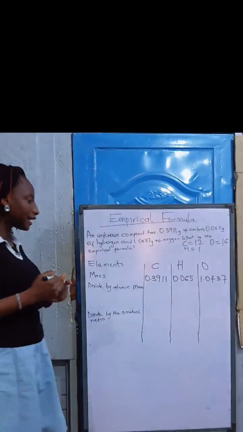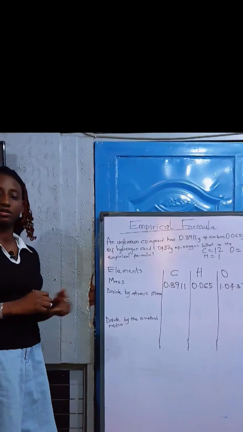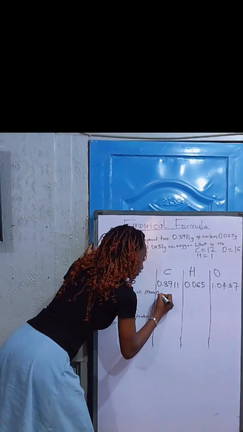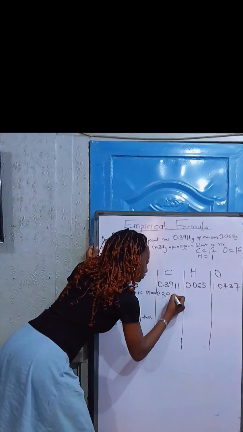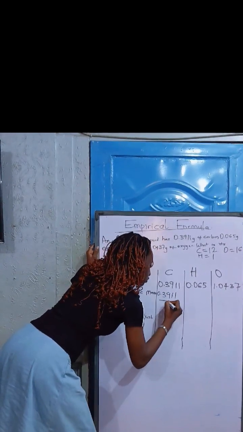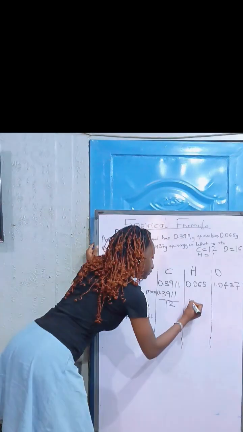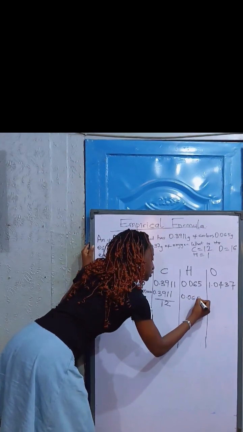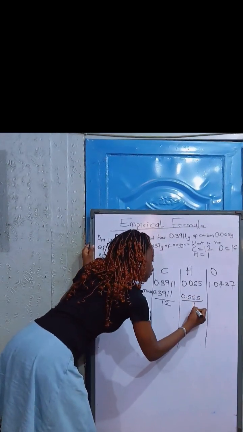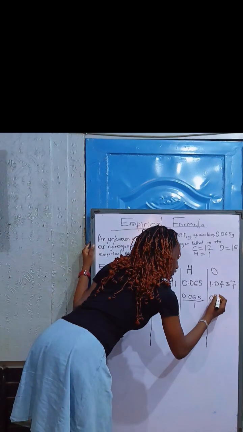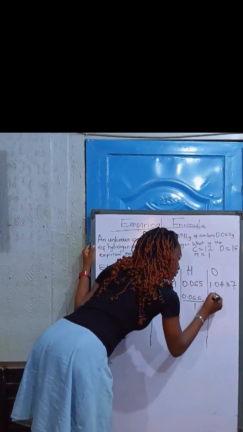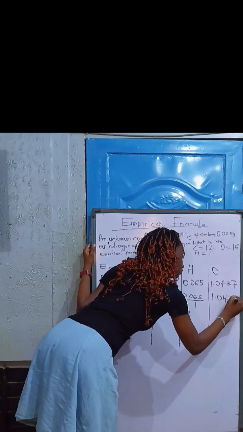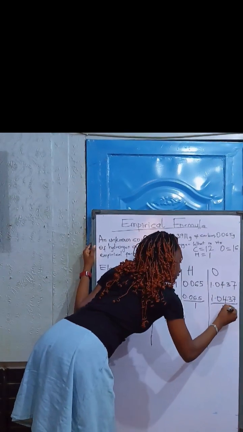All right, after writing that, what you do next is to divide by the atomic mass. And I believe that we know what the atomic mass is already. So this is divided by 12. Then the one for hydrogen is divided by 1, while the one for oxygen is divided by 16.